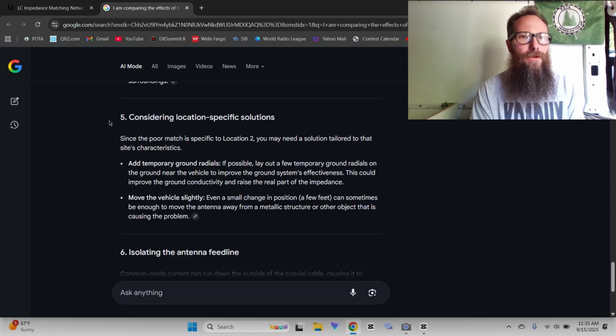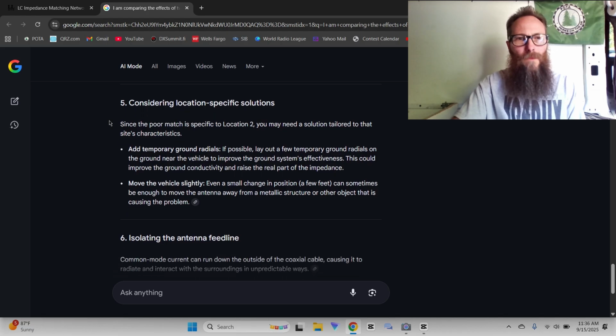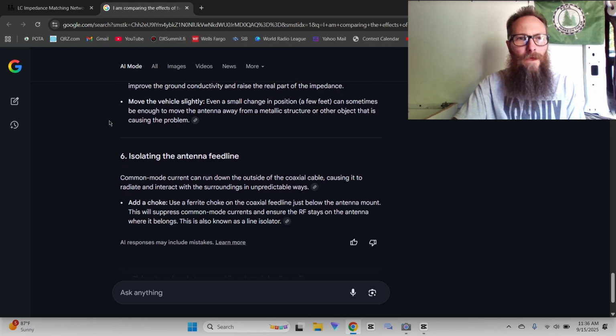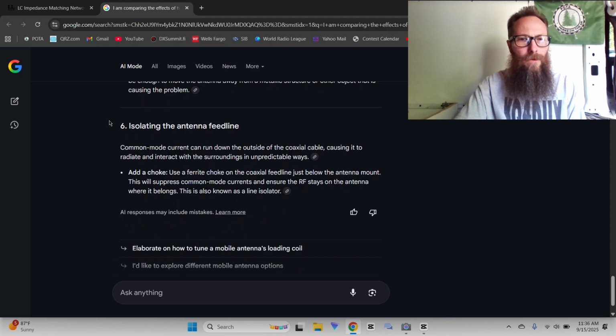Even parking it in my yard, I have seen the same thing with about 20 feet difference go from like a 1.09 at 14.05 to a 1.5 or 1.55. So this stuff really can make a big difference, and that's what the follow-up video will be going into, some of those details.